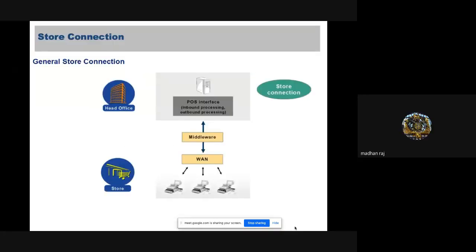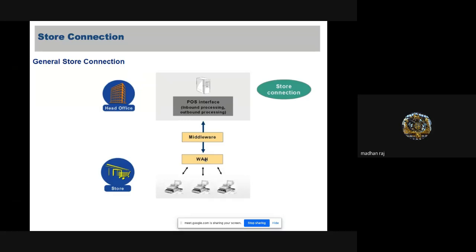So normally the architecture, or how the system landscape looks like, is the point of sale system. Each point of sale system will be connected to one wide area network, and all the transaction files they take will be passed on to this wide area network, and they have a central back office where they are placed, and those files might be in a different format which is not understandable by the SAP system, right?